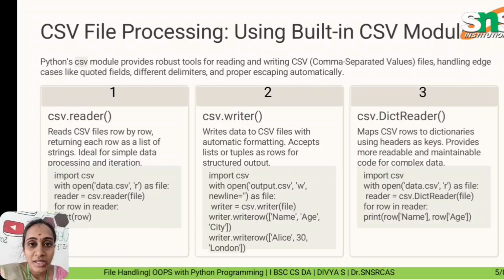If I import csv and open data.csv in read mode, the reader equals csv.reader(file), and I use for row in reader here.